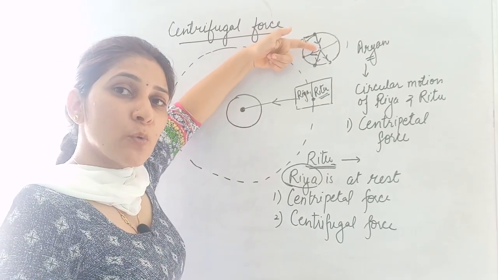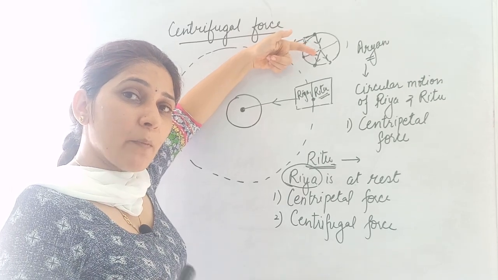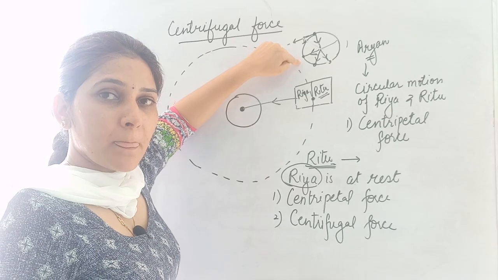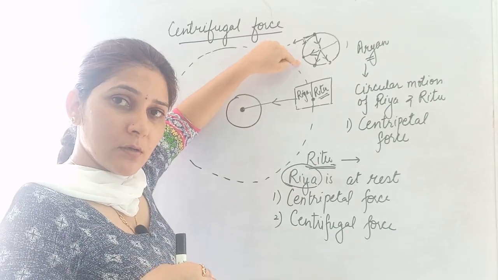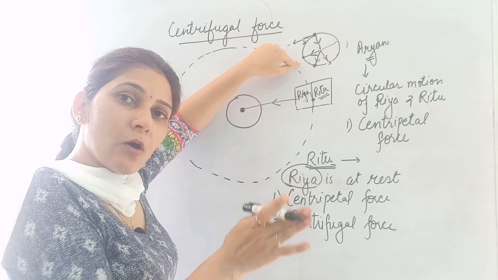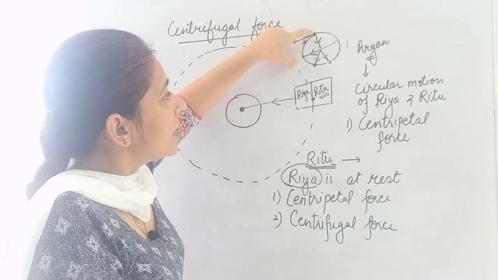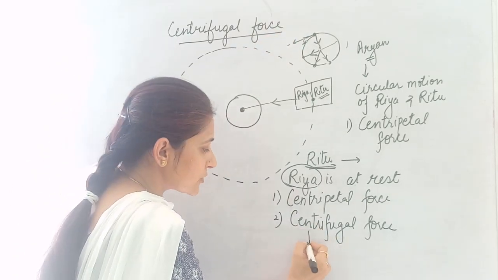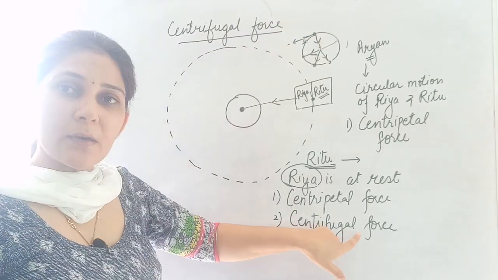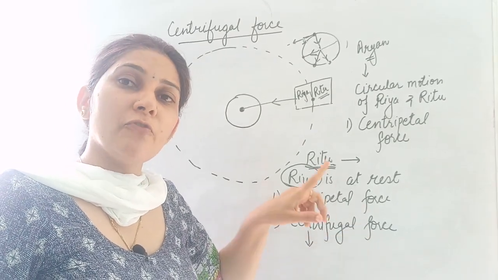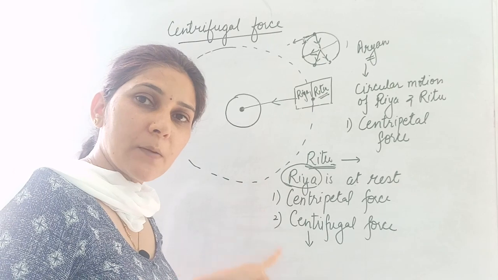That means the force which we imagine now is acting outwards the circle along the radius, while this one is acting inward along the radius. So this centrifugal force is the imaginary force which is assumed to explain the motion of any particle in the circular path.